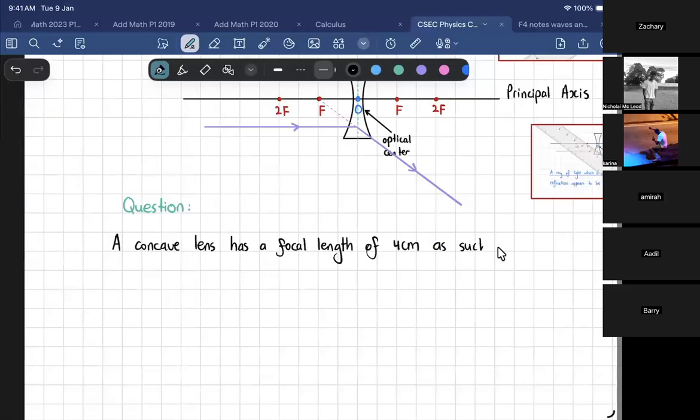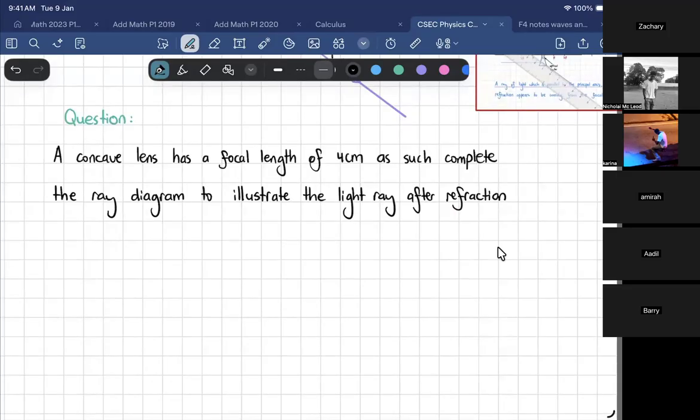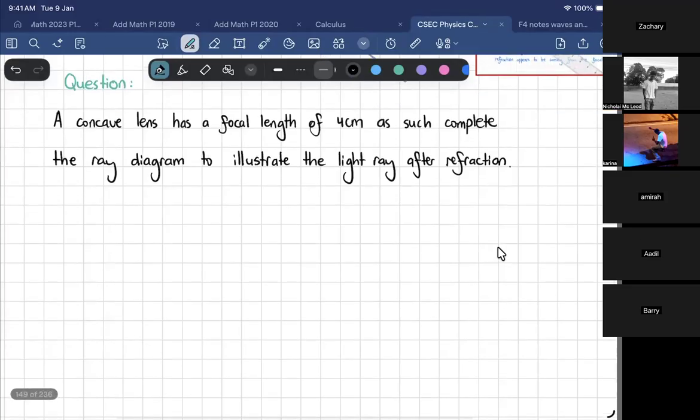As such, complete the ray diagram to illustrate the light ray after refraction.